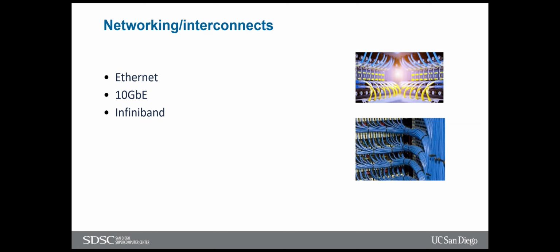We also have a 10 gigabit Ethernet connect, which, as the name implies, is 10 gigabits per second. So it's 10 times faster than the regular gigabit. We also have InfiniBand, which is even faster than 10 gigabit, and it has lower latency and is obviously faster, with average speeds of about 40 to 56 gigabytes per second.